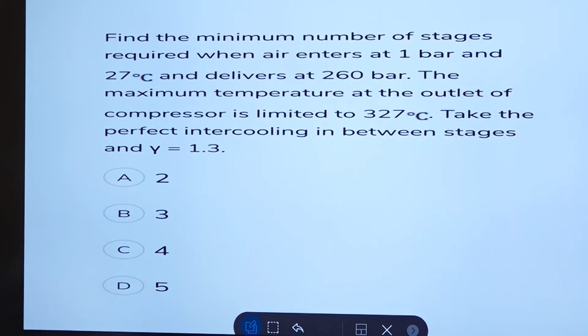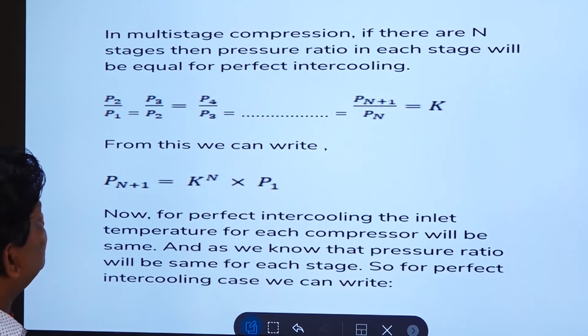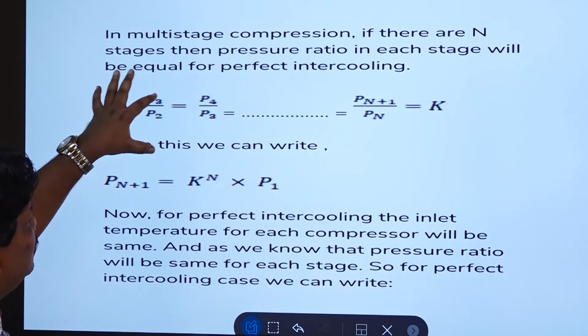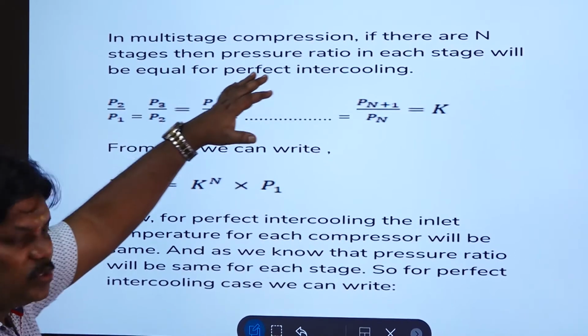So a formula is there to find the minimum number of stages. P2 by P1 is equal to P3 by P2 is equal to P4 by P3, and it goes on.